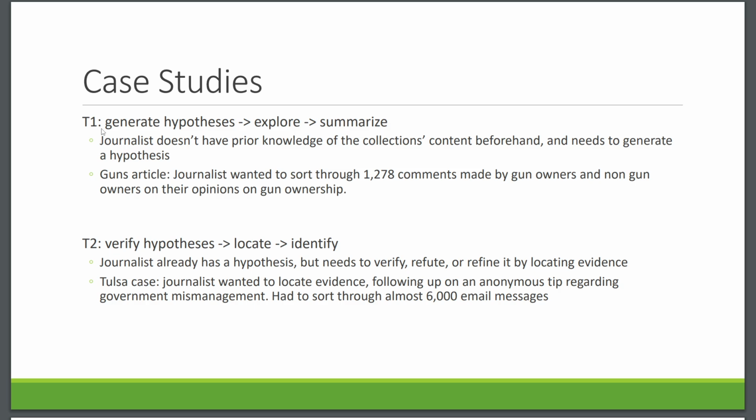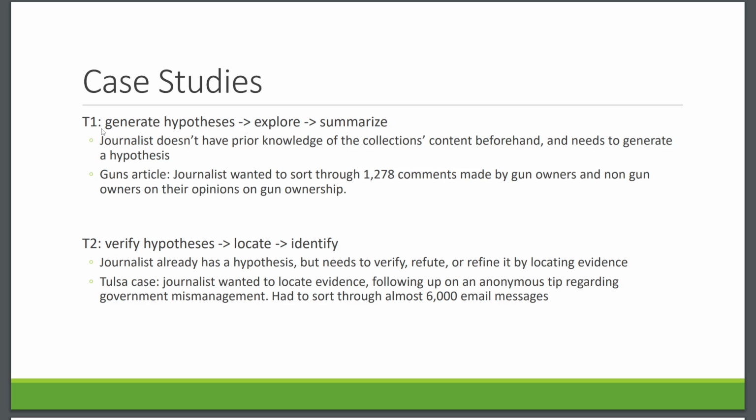And another case study they did is they were looking at journalists who already have a hypothesis on some kind of topic. Maybe they're more like a lawyer and they're trying to verify this hypothesis, or they're trying to refute it and find more evidence to support it maybe.